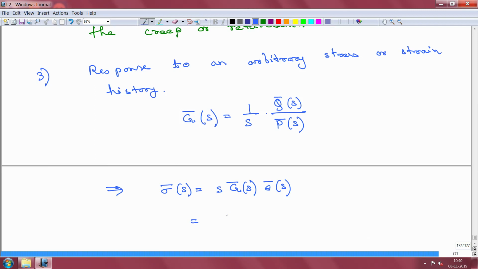Just like what we had done previously, we want to take the Laplace inverse of this entire quantity on the left. So, you are going to club s and epsilon bar s, and here you will add and subtract the initial condition.